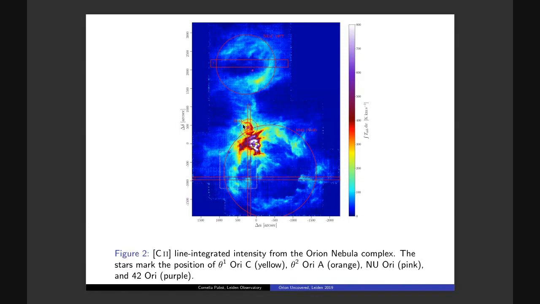Here you can see M43, just to the north of the OMC-1 core. The two stars are theta1 Ori C and theta2 Ori A, and I also marked the other central stars for M43 and NGC 1977.